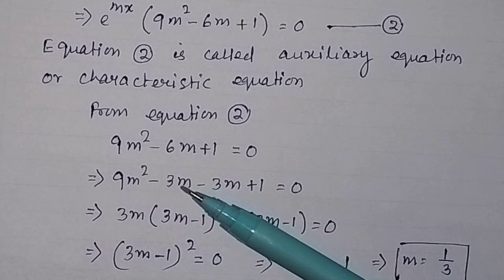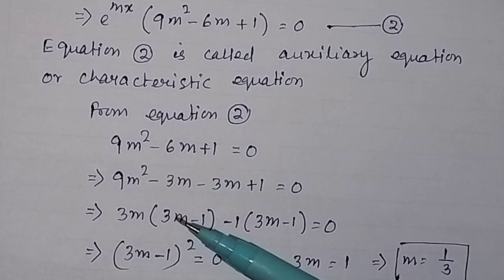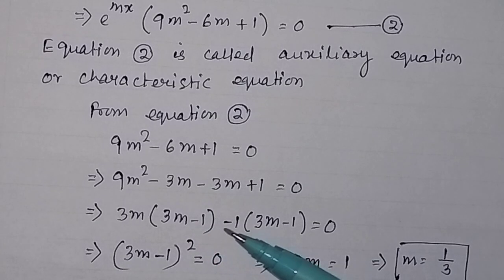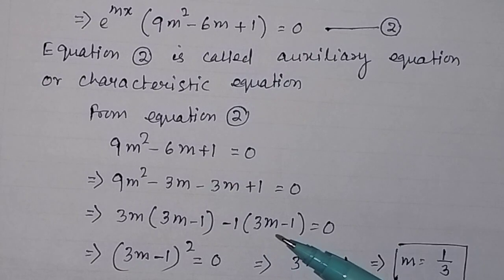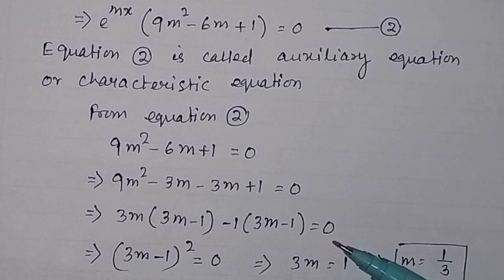If you take 3m common from the first two terms, you have 3m minus 1. From the last two terms take minus 1 common, then in the bracket you have 3m minus 1. So 3m minus 1 whole square is equal to 0. So 3m is equal to 1, so m will be equal to 1 by 3.